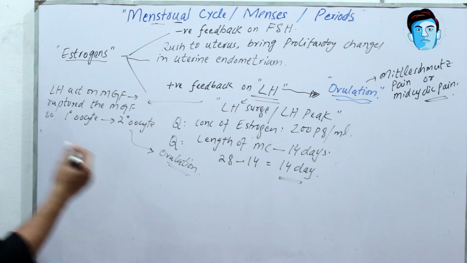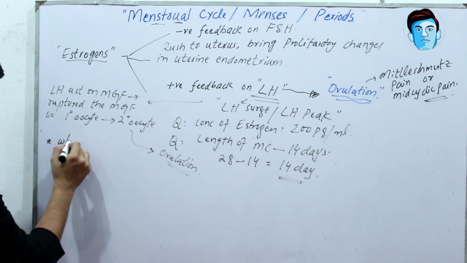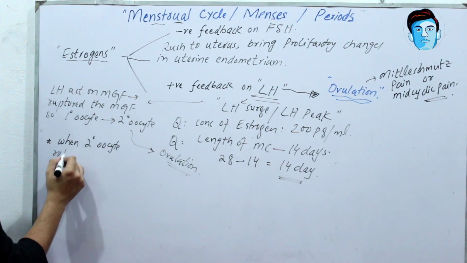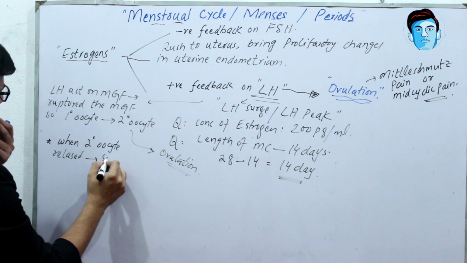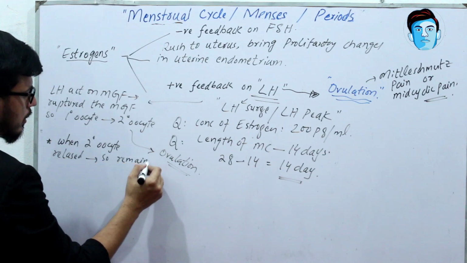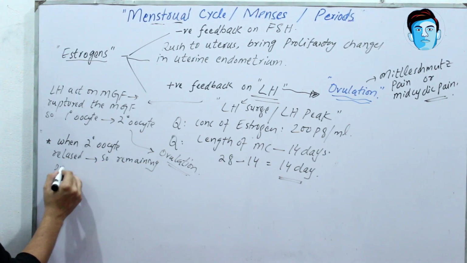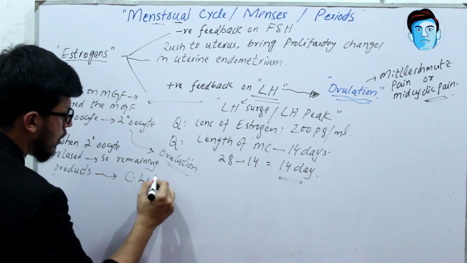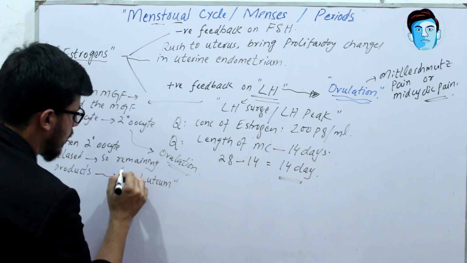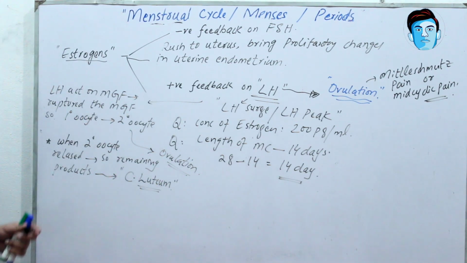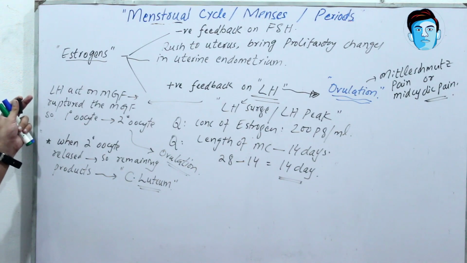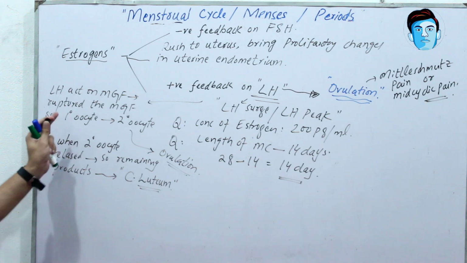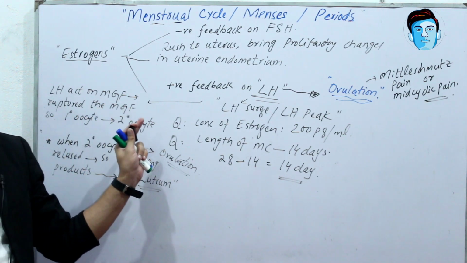Now, when the secondary oocyte is released, the remaining products are called the corpus luteum. LH acts on the mature Graafian follicle, ruptures it, and converts the primary oocyte into the secondary oocyte.